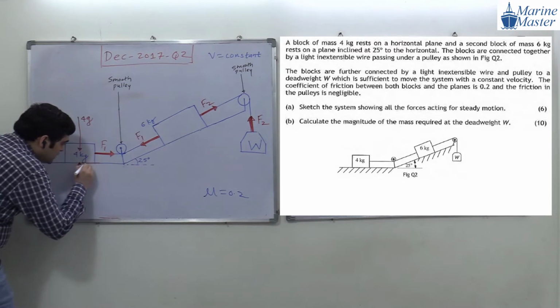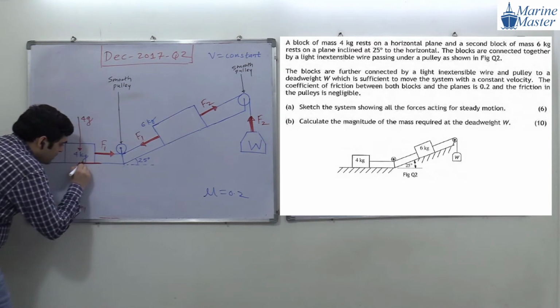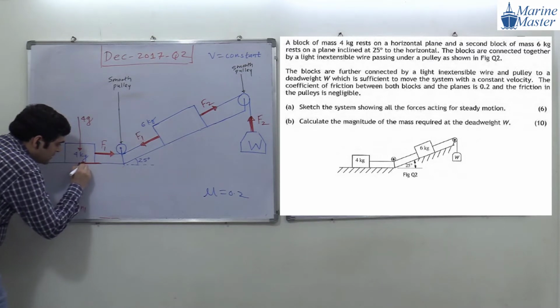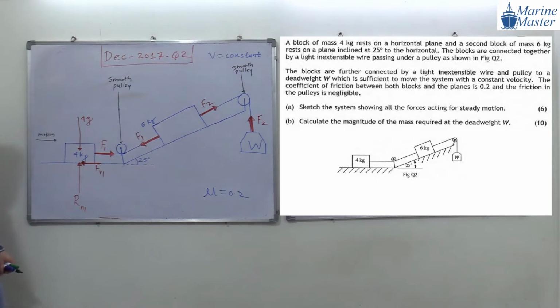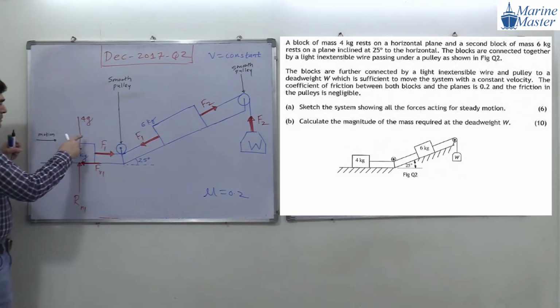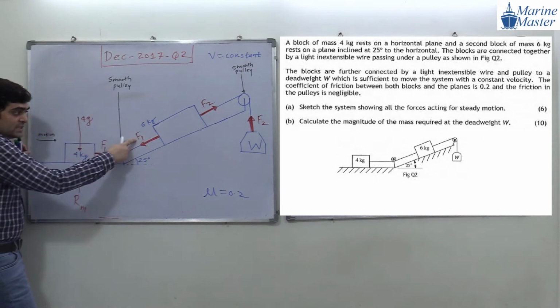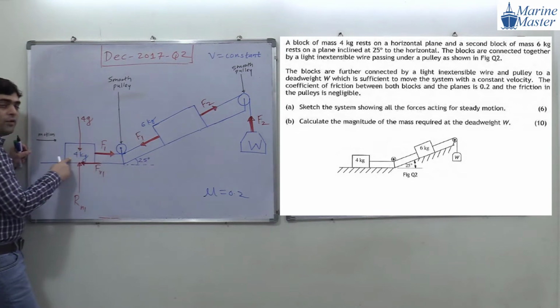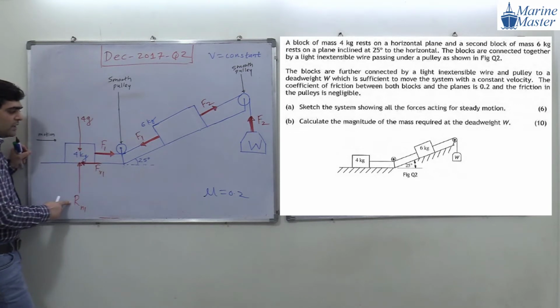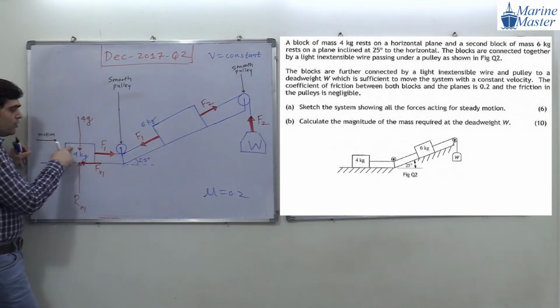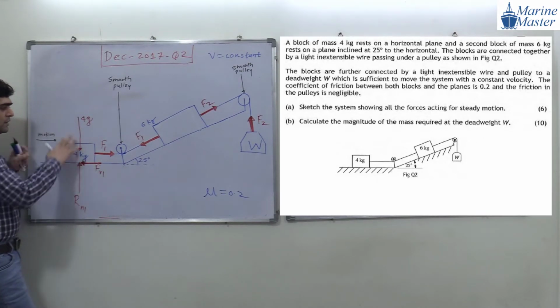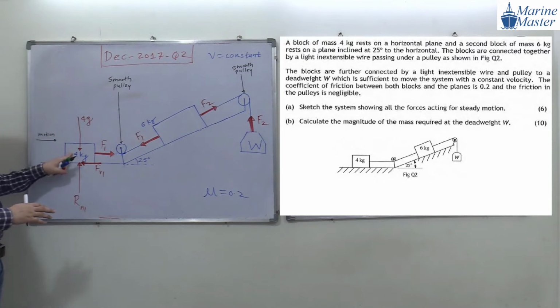So this one is our Fr1. Good, so these are the forces. This F1 is acting on the 4 kg mass, and this is our Rn1. So 4g, F1, Rn1 and Fr1 are the four forces acting on the 4 kg mass.